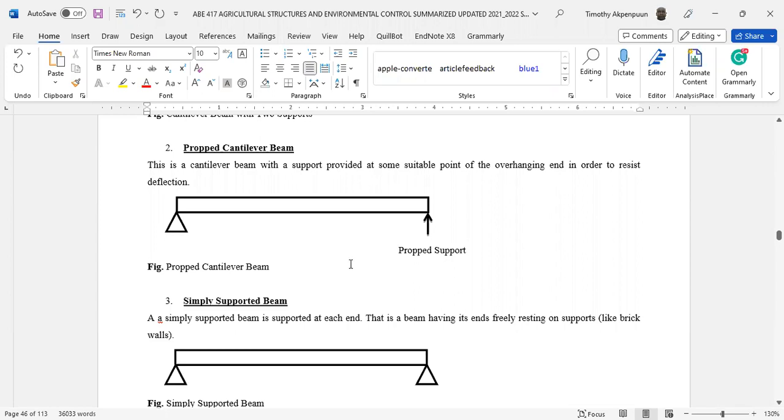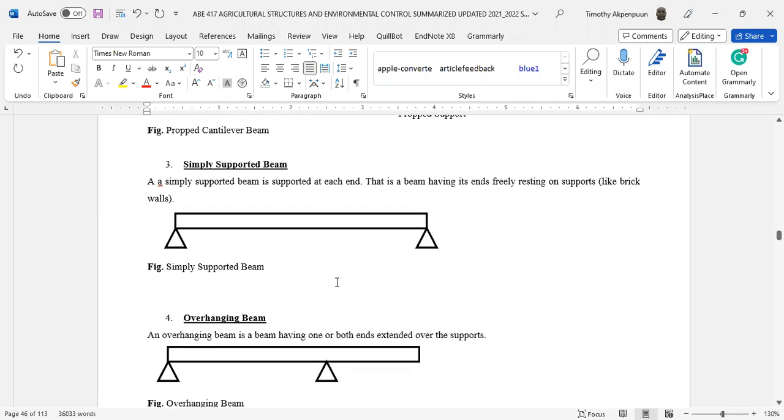Who can tell us what's the difference between this support of a propped cantilever beam and this? Did you read this note at all?